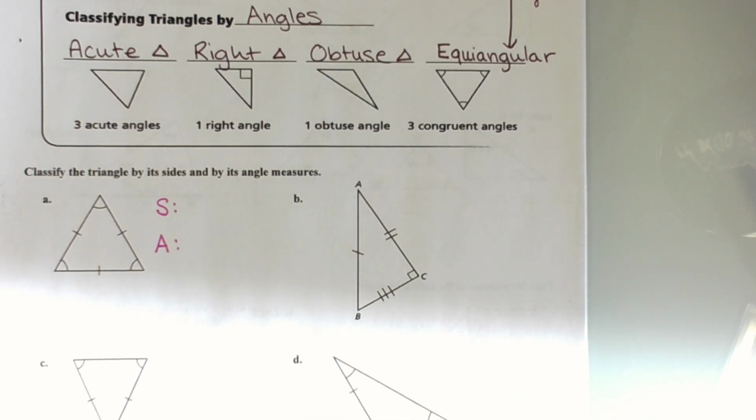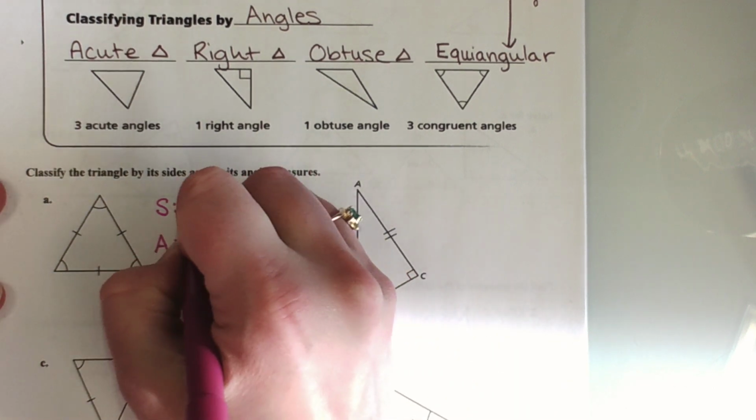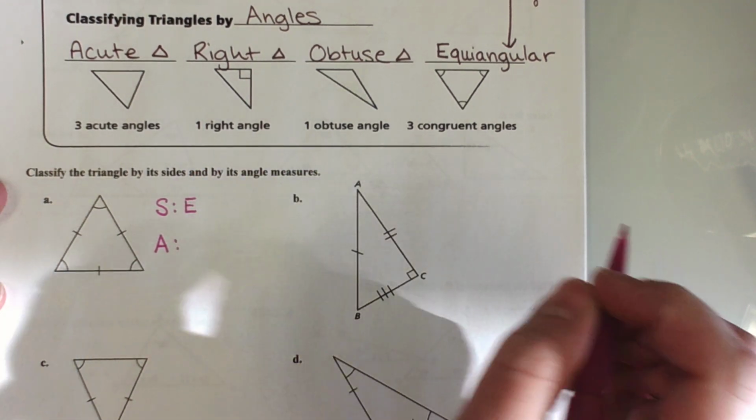Okay. So classify it by its sides and its angles. Looking at the sides, what do you notice about it? They're all congruent. Therefore, that makes it equilateral. Congruent triangle means something completely different.